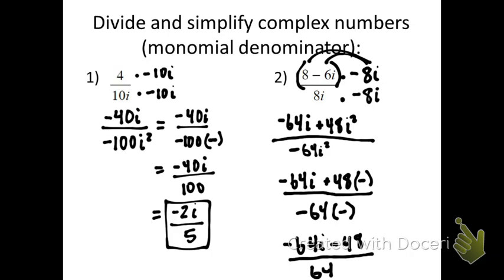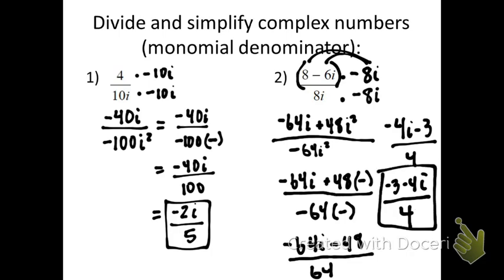We know that 16 goes into each of these, so simplifying that, it would be negative 4i minus 3 all over 4. And of course we want to put the real number first, so it's negative 3 minus 4i all over 4. That's your final answer.